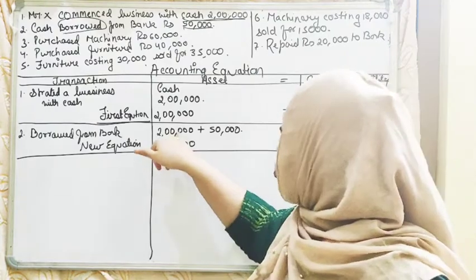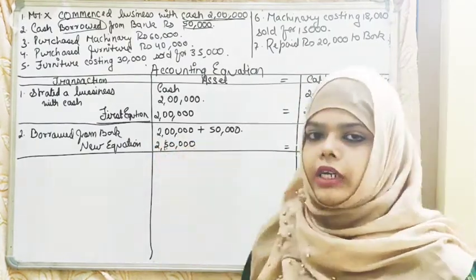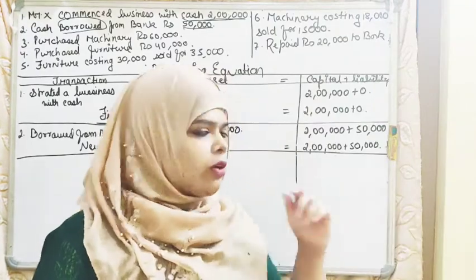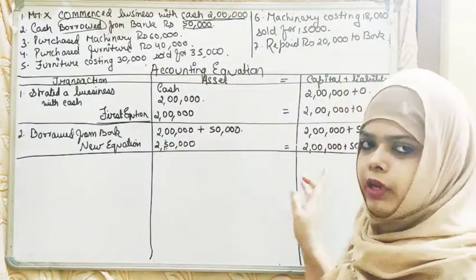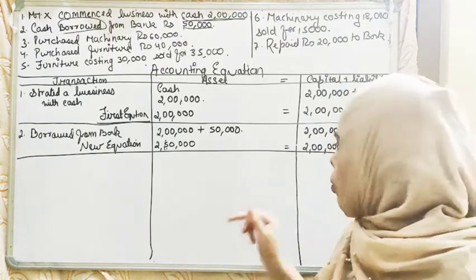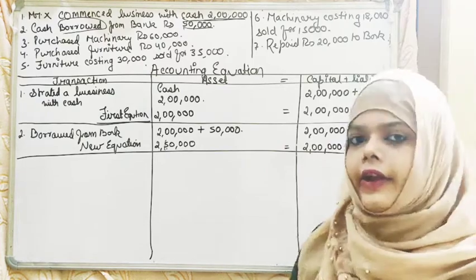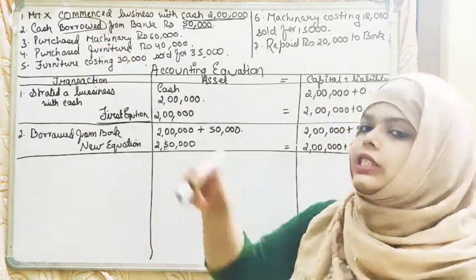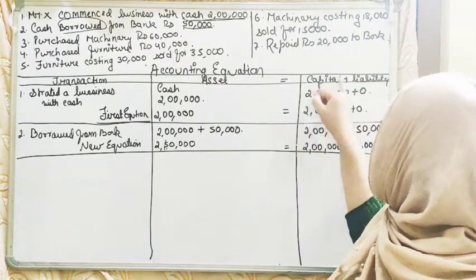So we are adding 2 lakhs 50,000, which comes to an equation of rupees 2 lakh 50,000. But on the liability side, we are not adding the amount. We have just written the plus symbol. Why? Because the 2 lakh is the capital and the 50,000 is the credit part. Borrowed means the credit part, which comes under the liability.